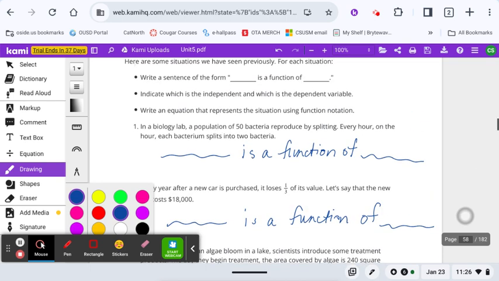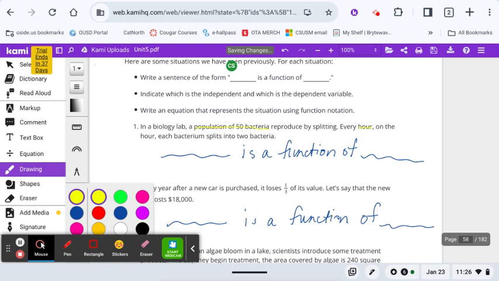And so reading each scenario, in a biology lab, a population of 50 bacteria reproduce by splitting every hour on the hour. They split into 2. So we're talking about time again in hours, and we're talking about population.